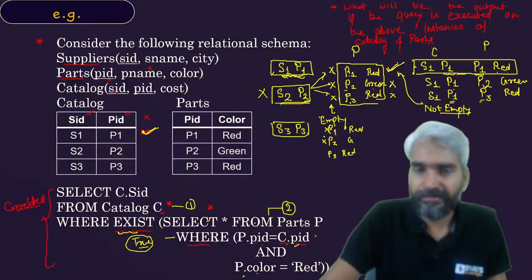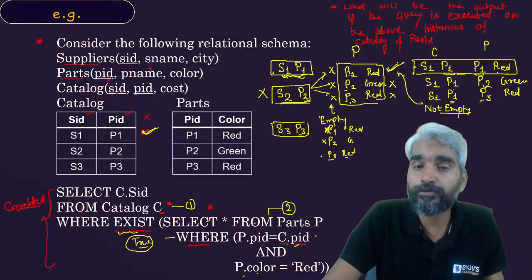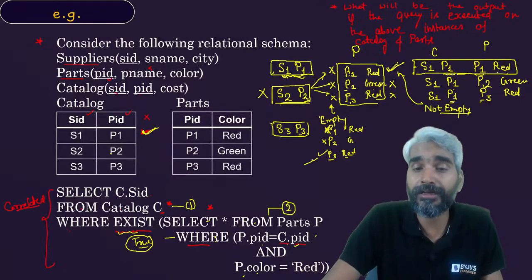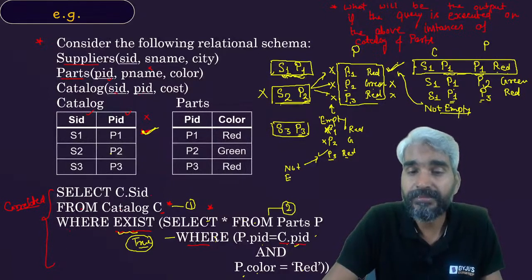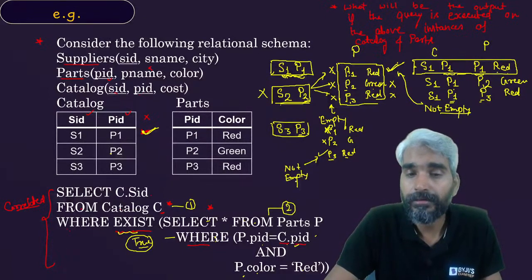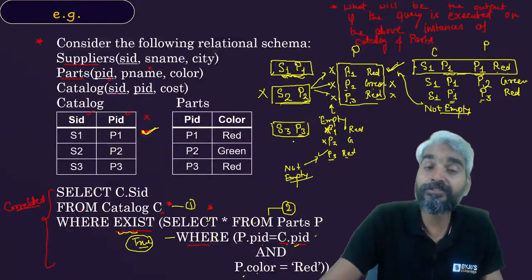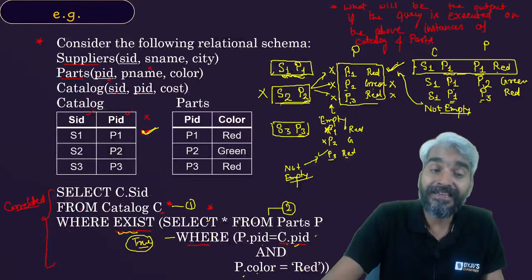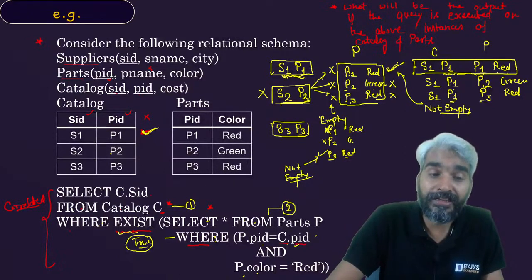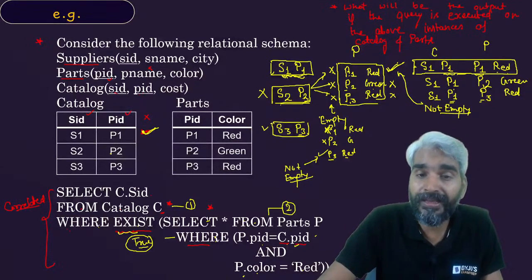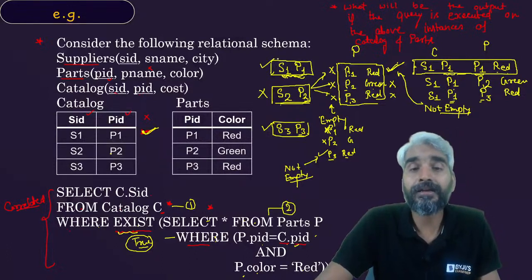These two are not selected, but P3 equals P3 and color equals red, therefore this will be selected. Because this is selected, it is not empty, so EXISTS will return true, and because the WHERE condition is true, this tuple is also considered for further calculation.